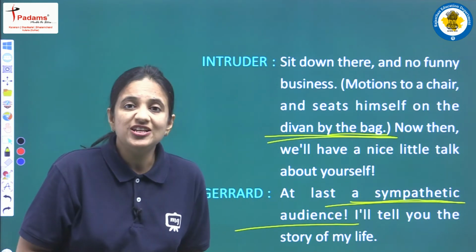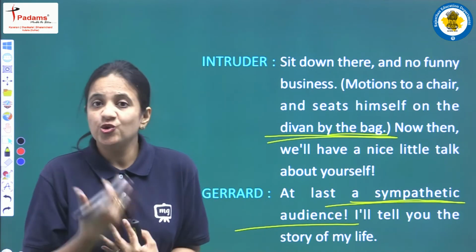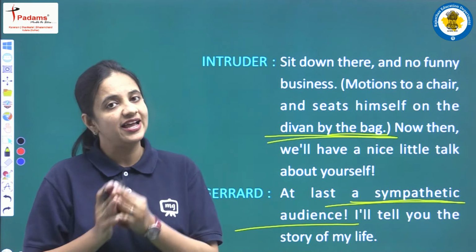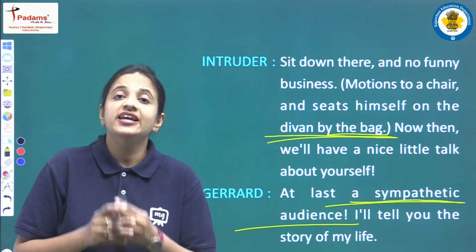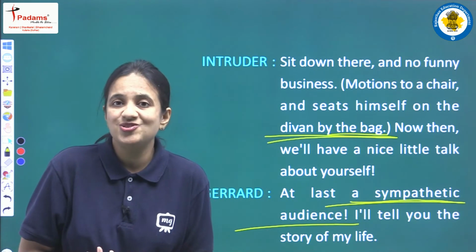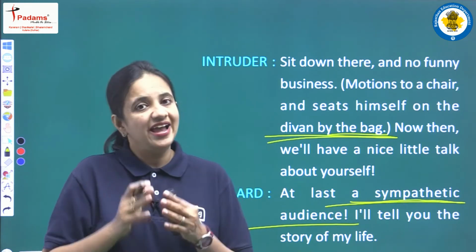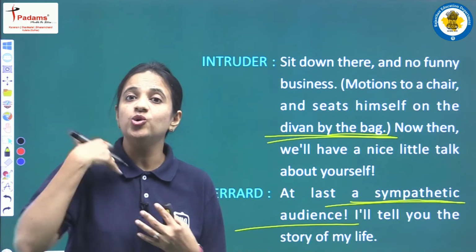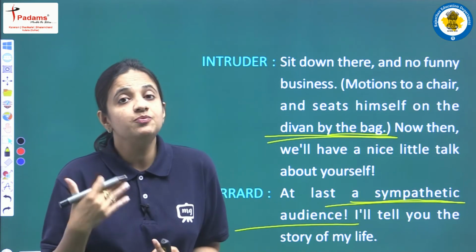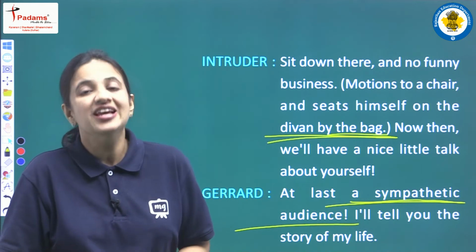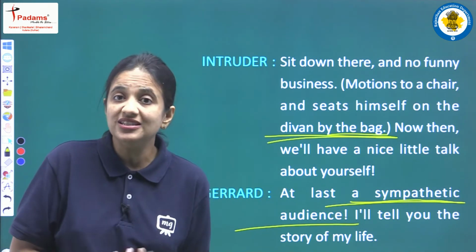Okay, so actually Gerald does not really want to tell his story. But what is his actual motive, what is his actual purpose? He is just trying to understand the situation, to have control over the situation, and to figure out who that person is, what his purpose is, why he is in his house. So he is trying to control the situation.